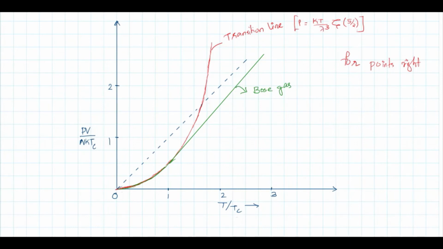This Bose gas tends to that value in the limit T tends to infinity. Beyond T equal to Tc, it satisfies this equation. So, this green curve and the red curve are exactly the same up to T equal to Tc. Beyond T equal to Tc, the Bose gas departs from this transition line and tends to the classical behavior as T tends to infinity.